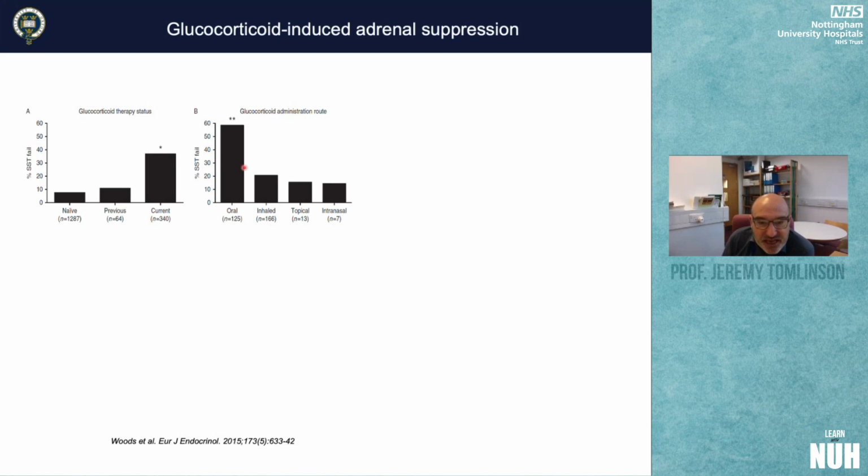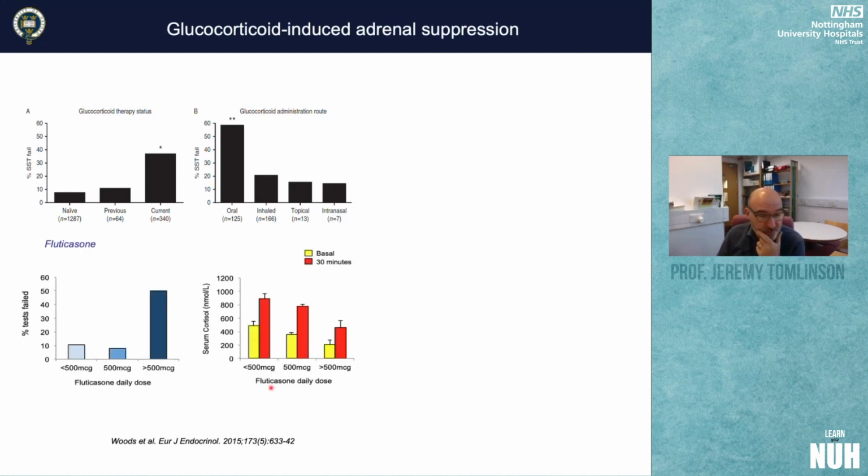But when you drill that down by glucocorticoid route, yes, oral was the worst, but still a significant proportion on inhaled, topical, and intranasal steroids were all failing the short synacthen test. And again, I think there isn't a single route of administration that hasn't been in some study associated with adrenal insufficiency, including joint injections, which are particularly potent at causing adrenal suppression.